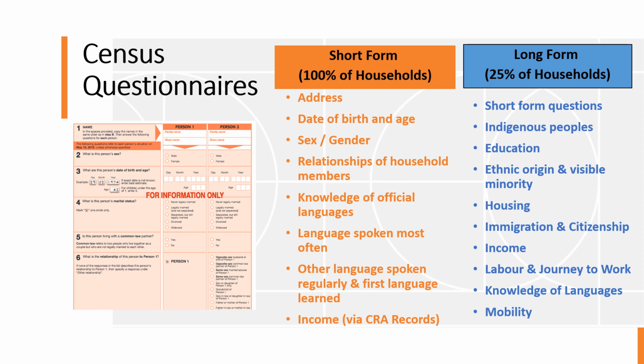And this is the data that the government uses to make policy. It's what researchers in academia use to figure out patterns in the Canadian population for research purposes. And this is going to be the primary source for demographic data related to ethnic groups, racialized persons, and Indigenous peoples in Canada.